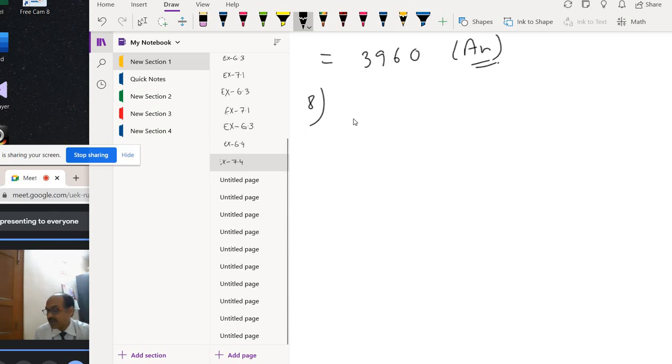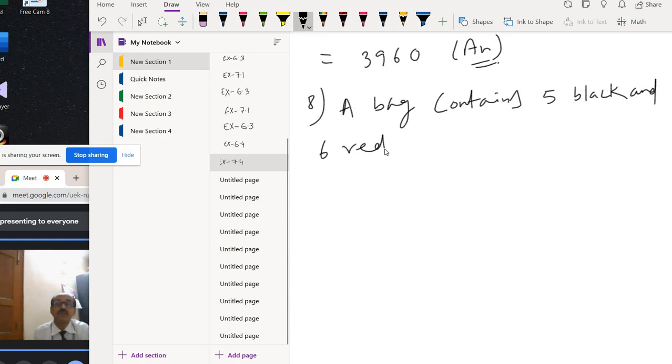Question number 8. A bag contains 5 black and 6 red balls.